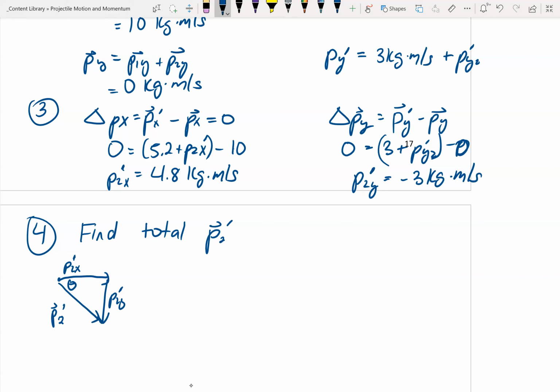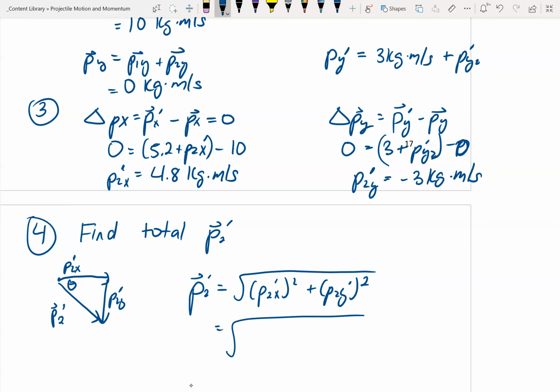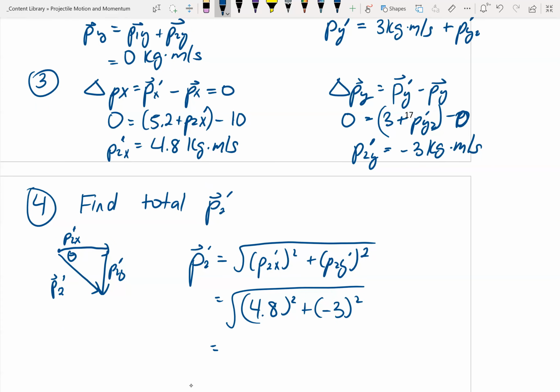We're just going to use vector addition, in this case more specifically Pythagoras, to help us figure out what P2 prime is. So that will be p2x prime all squared plus p2y prime all squared. p2x prime is 4.8. p2y prime is -3. Once we solve for this, p2 prime is 5.7 kilograms times meters per second.